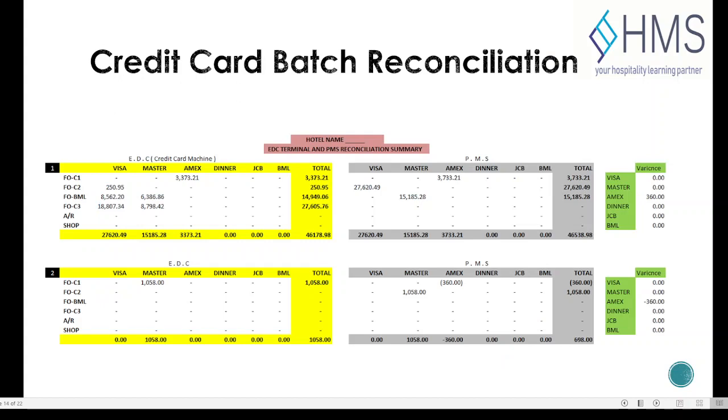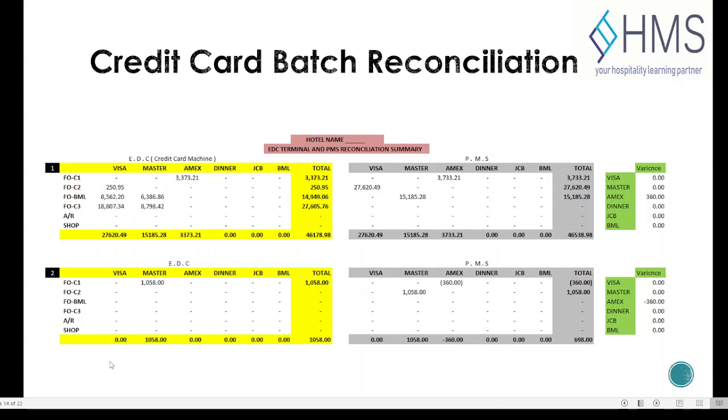So this is a sample of credit card batch reconciliation. You can see it by the type of card and the batch of the EDC terminal, the terminal of the machine, and then how much money is posted into the PMS, right?